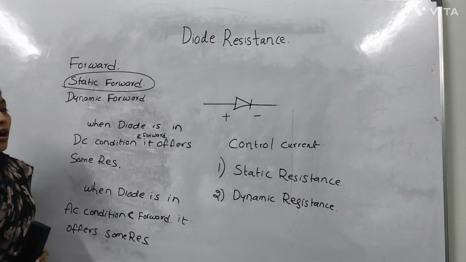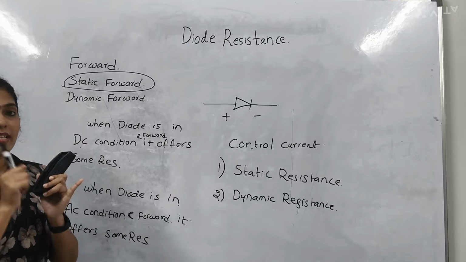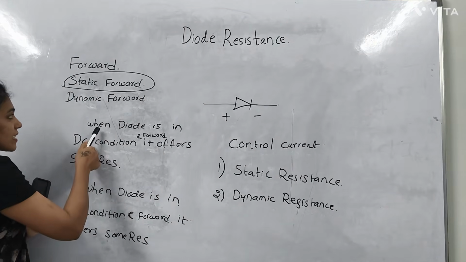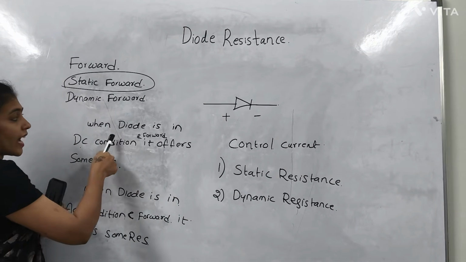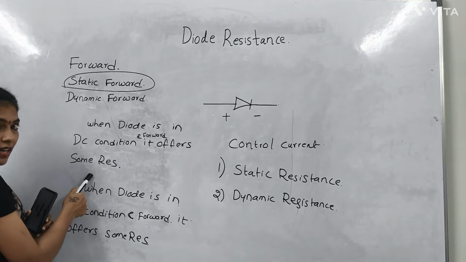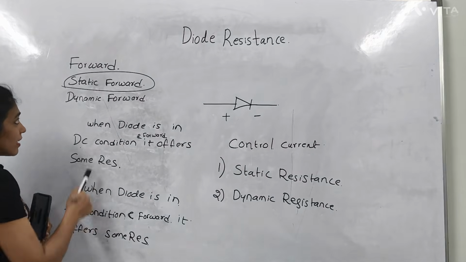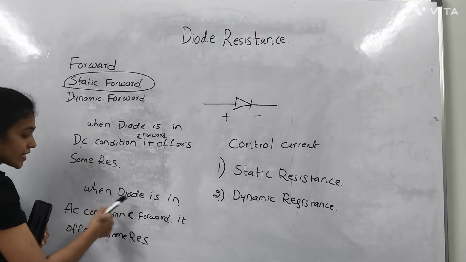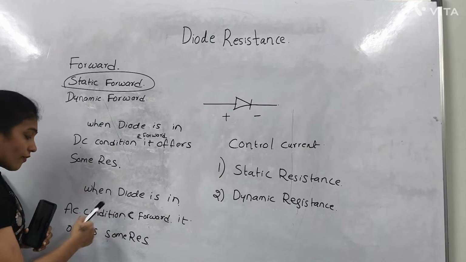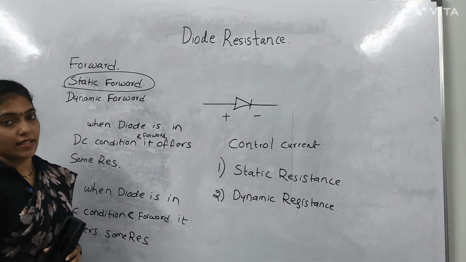That resistance is called dynamic forward resistance. Simply, static resistance means when the diode is in DC condition, it offers some resistance. Dynamic resistance means when the diode is in AC condition, it offers some resistance.